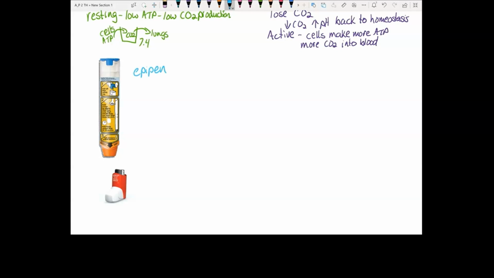The epi in EpiPen stands for epinephrine. So this is stimulating your sympathetic. The same thing down here, this is a rescue inhaler, and it contains albuterol.